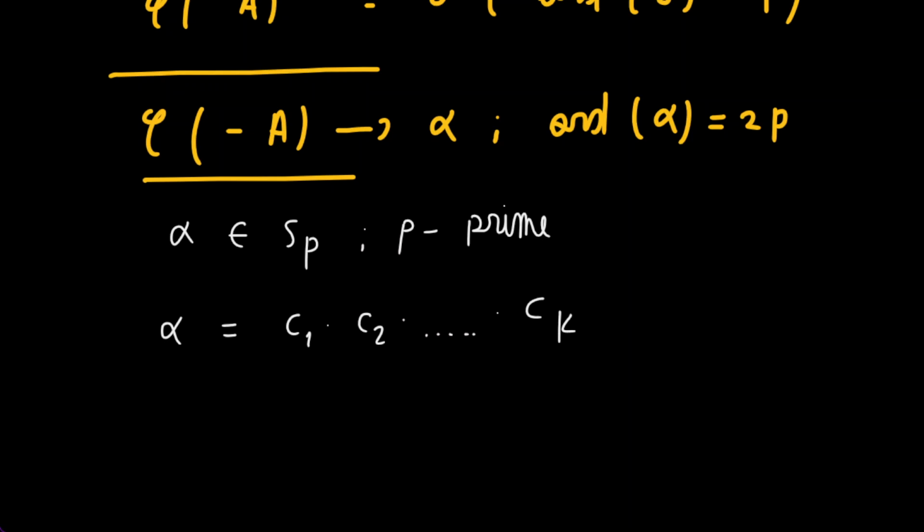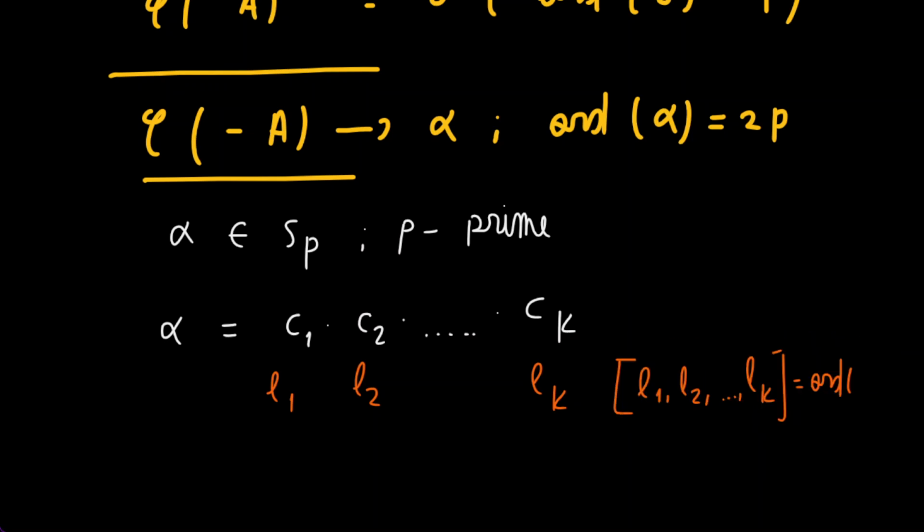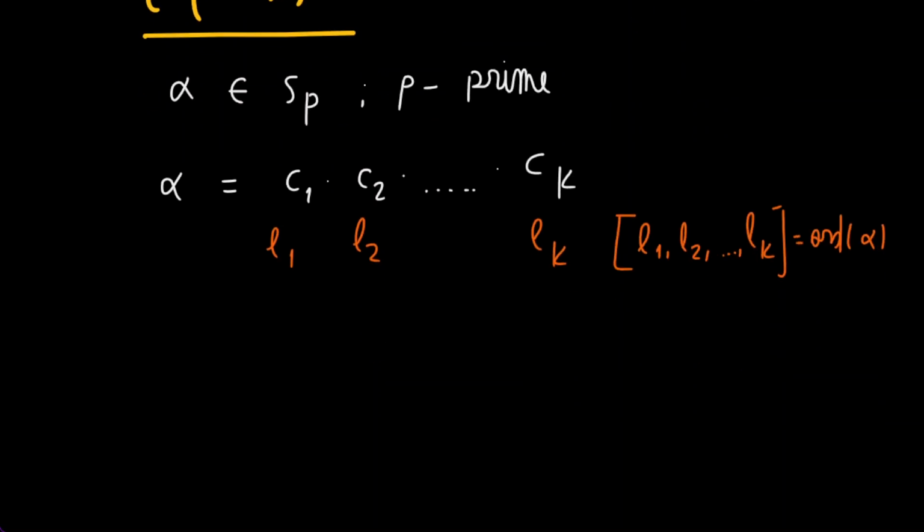Let's call the lengths of these cycles L1, L2, up to Lk. The order is the least common multiple of L1, L2, Lk, and this is the order of alpha. I don't have enough space here, so let's make an adjustment. But look, each Li is at most P.